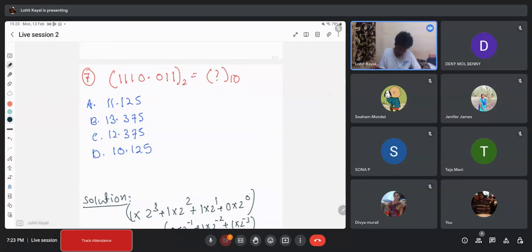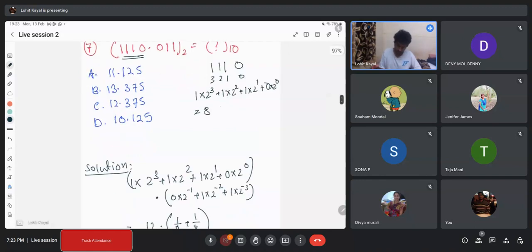So first do it step by step. 1110. The first power will be 0, second 1, third 2, then 3. So the answer will be 1 into 2 cube plus 1 into 2 square plus 1 into 2 to the power 1 plus 0 into 2 to the power 0. So it will be 8 plus 4 plus 2.